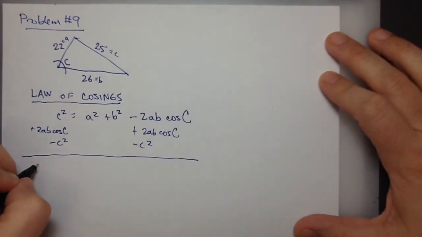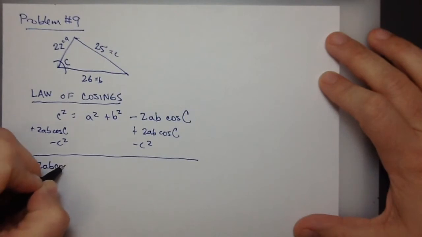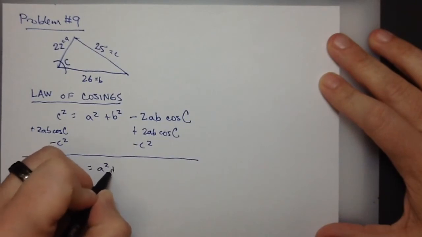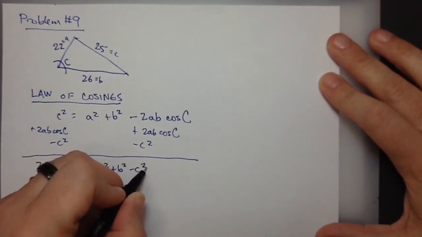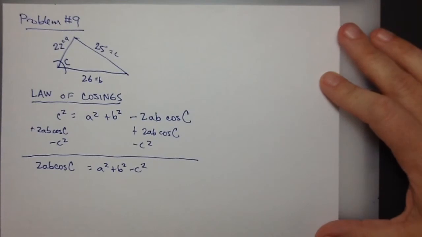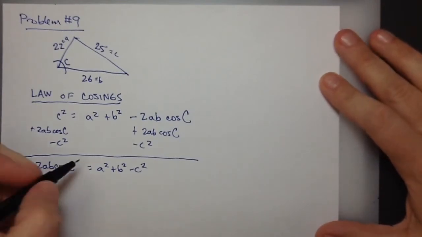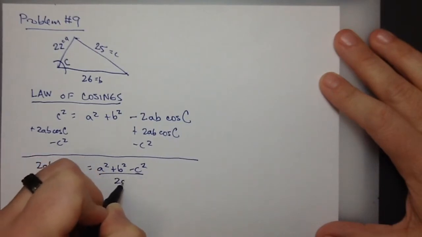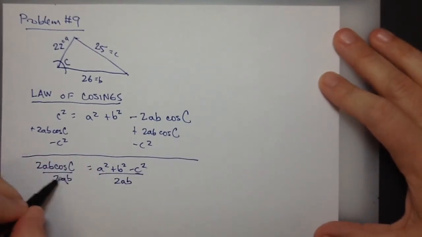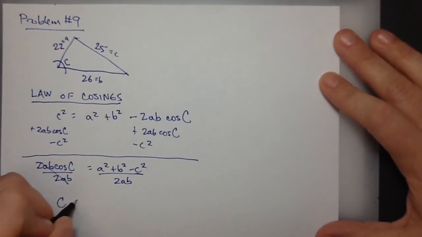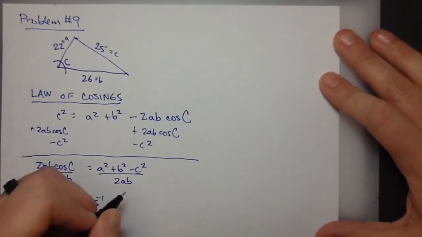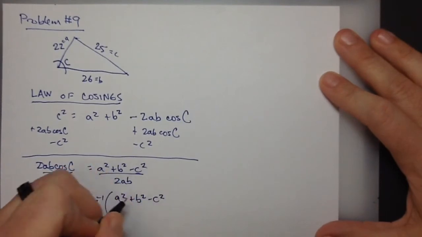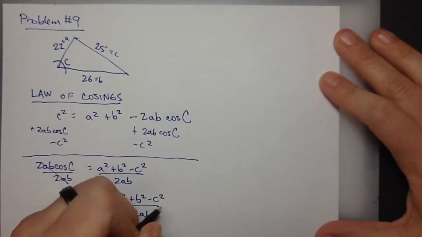So this gives me 2ab cosine of C equals a squared plus b squared minus c squared. Now I can divide by 2ab. So then C equals the inverse cosine of a squared plus b squared minus c squared all over 2ab.